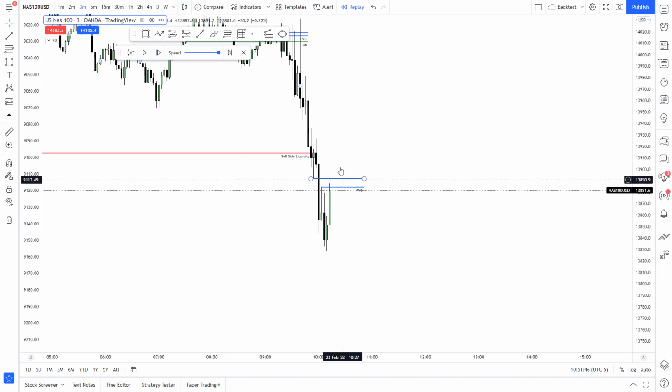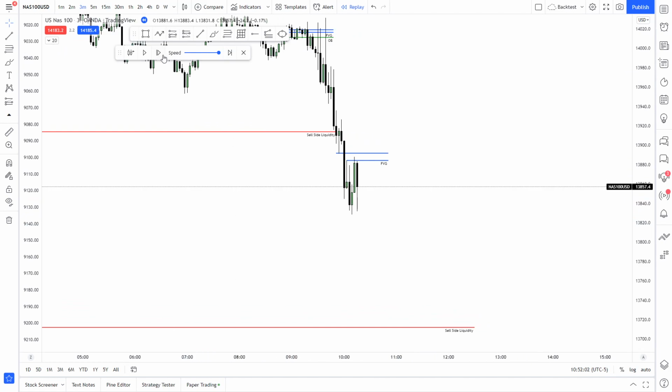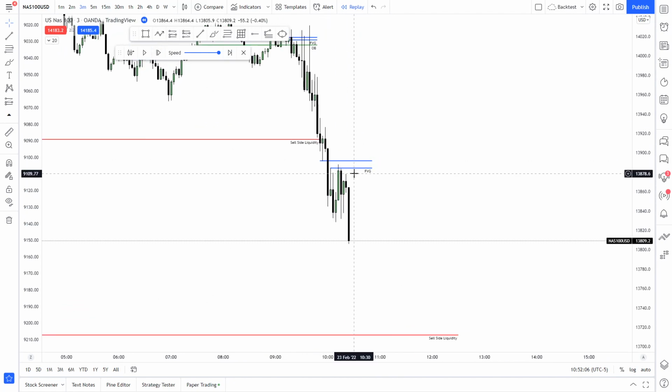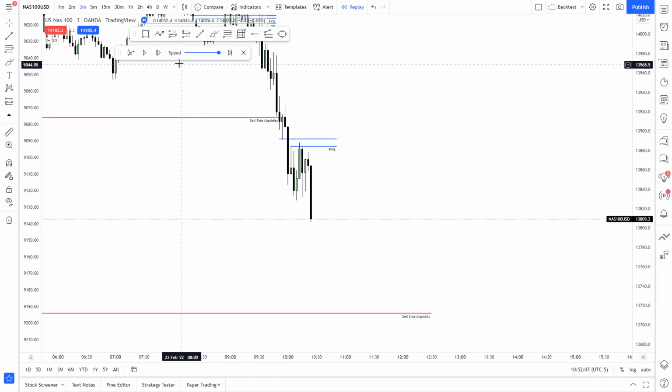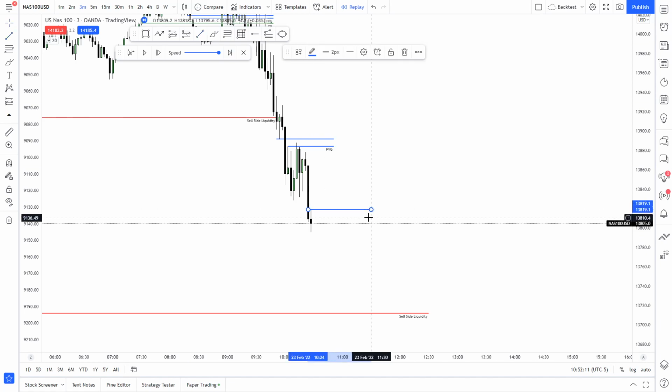Price comes into here after a few candles. So price comes into it, and then should keep rejecting. Then another displacement. After this displacement, we can look for another FEG entry right here.